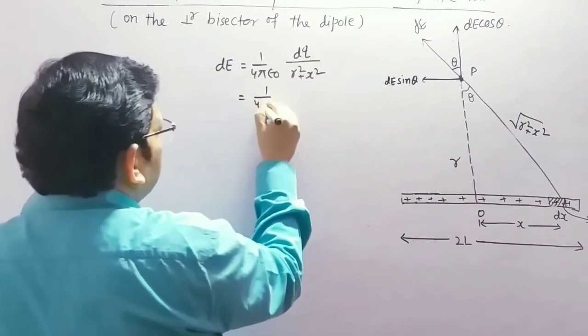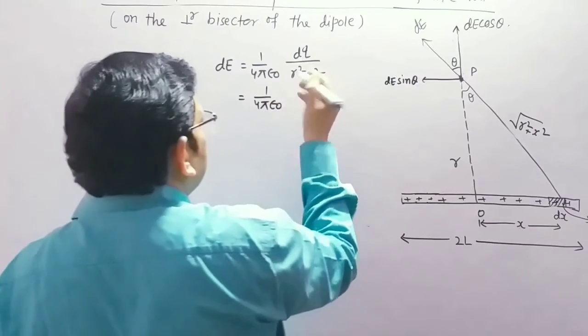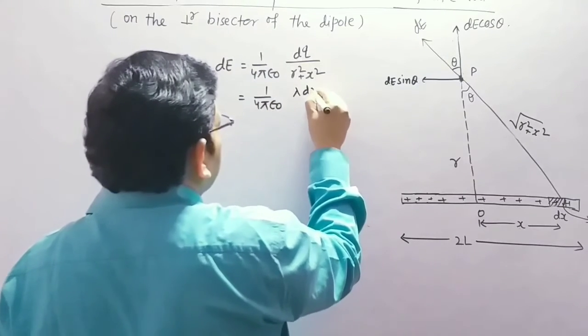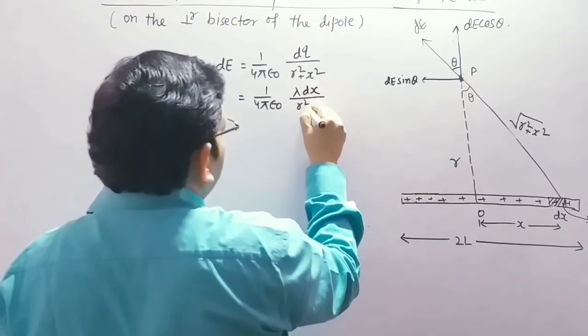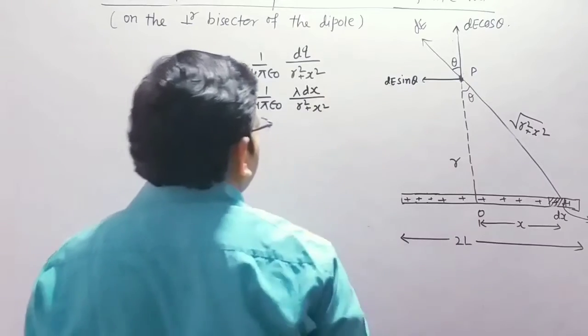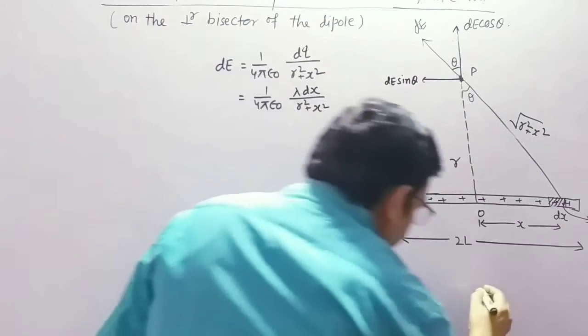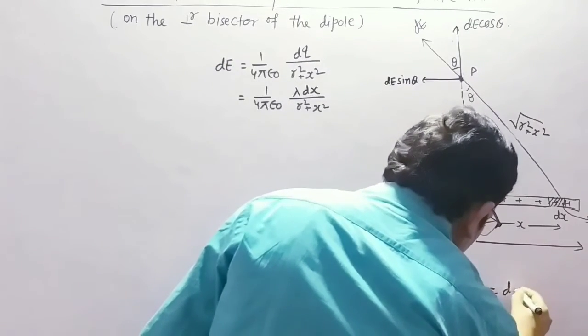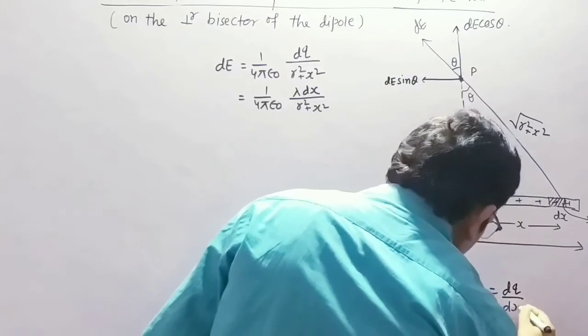Putting dq as lambda dx, dE is 1 by 4 pi epsilon lambda dx by (r square plus x square). Lambda is dq by dx.